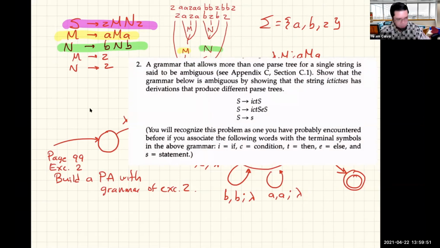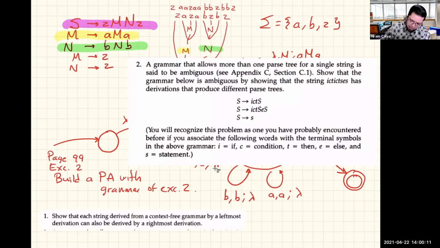And I want you also to deal with exercise number 1, now that you are learning about this. Here it says see appendix C, section C1.